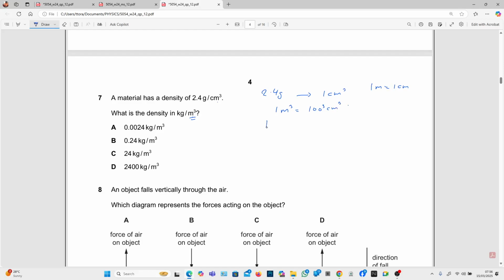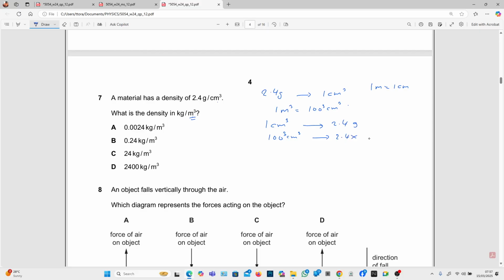Okay, so now if 1 centimeter cube is going to give us 2.4 grams, density, then what about 100 to the cube centimeters cube, which is basically 1 meter cube?